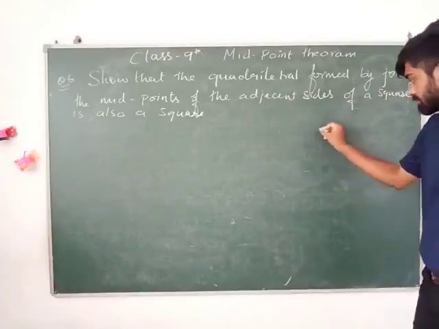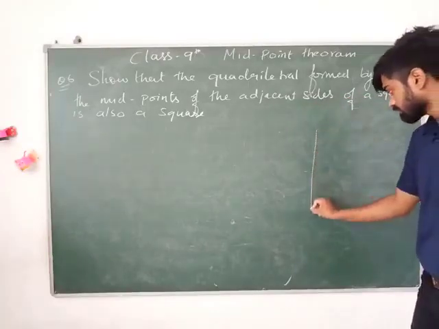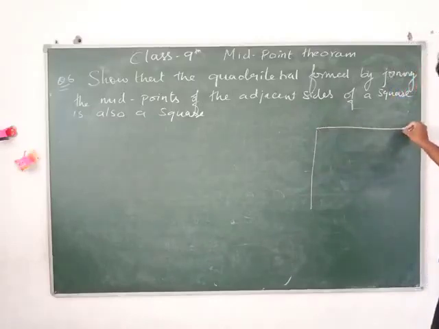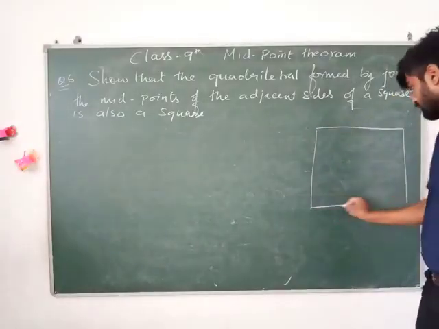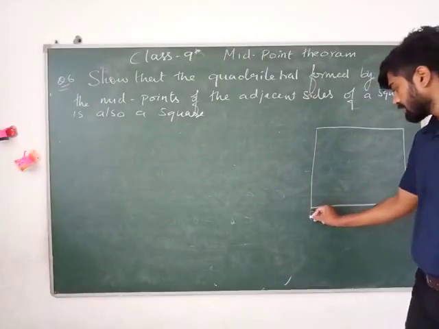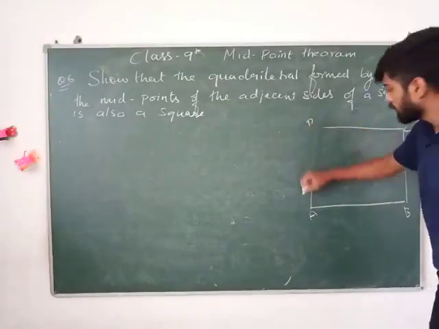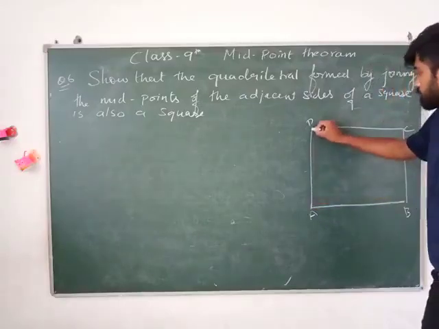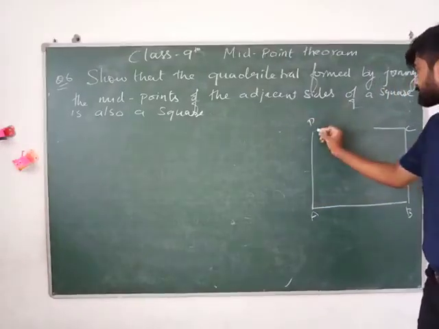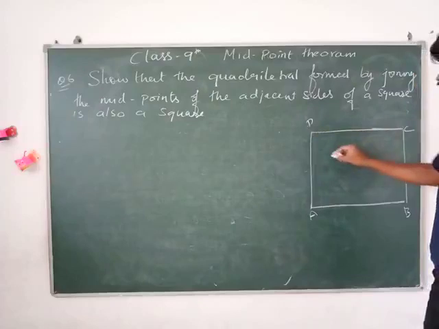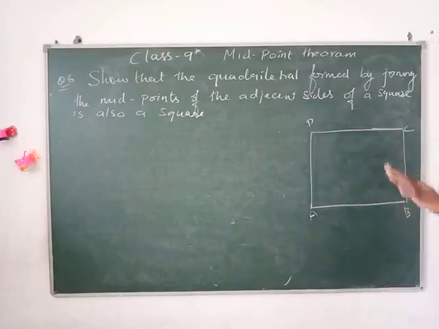There is a square, okay, this is a square. I can name it A, B, C, D. They said there is a square, this is a square.